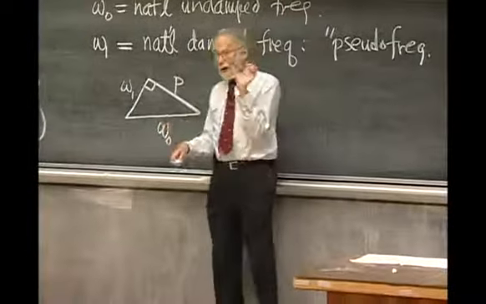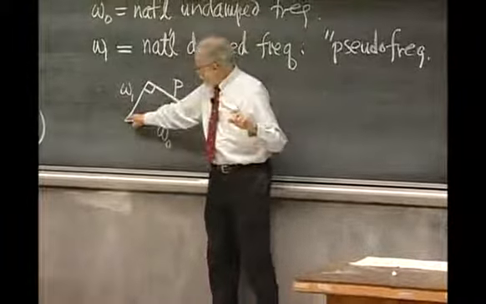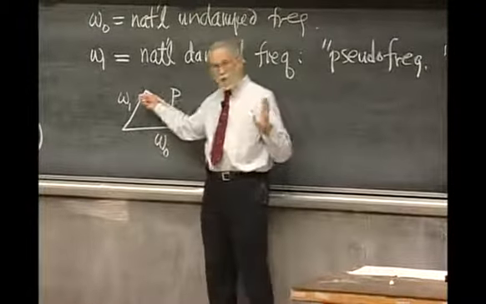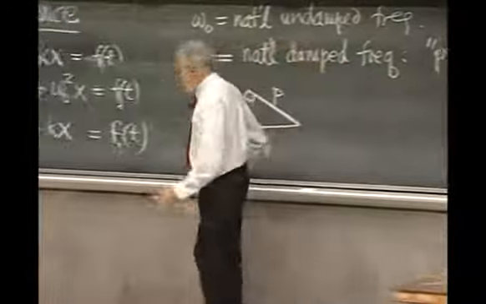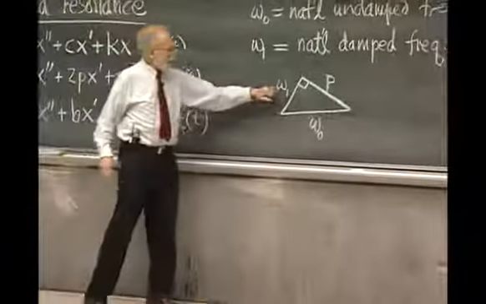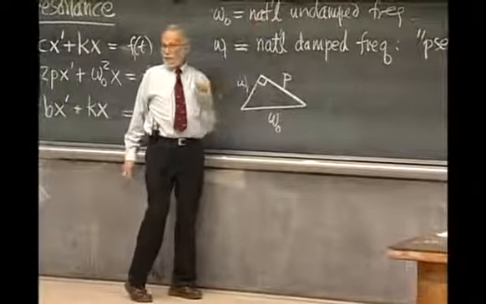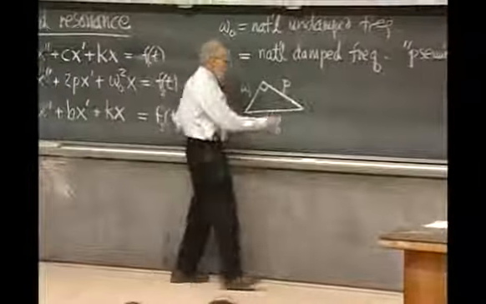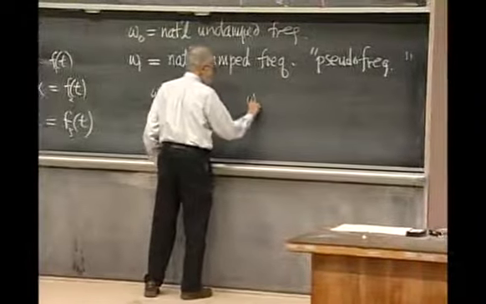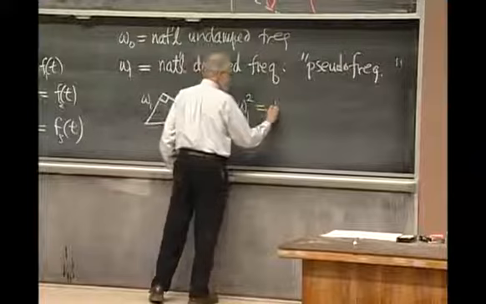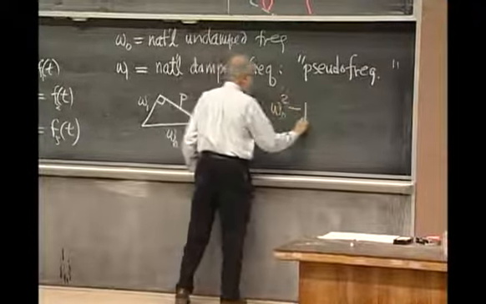And vice versa. If you decrease the damping to almost 0, then you'll make omega 1 almost the same size as omega 0. This must be a right angle. And therefore, if there's very little damping, this natural damped frequency will be almost the same as the natural frequency. So the relation between them is that omega 1 squared is equal to omega naught squared minus p squared.